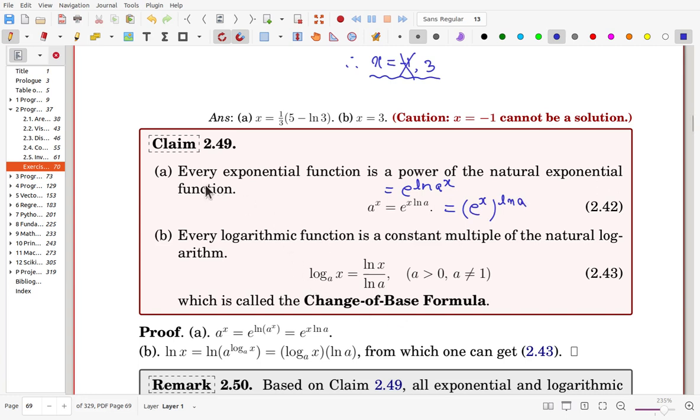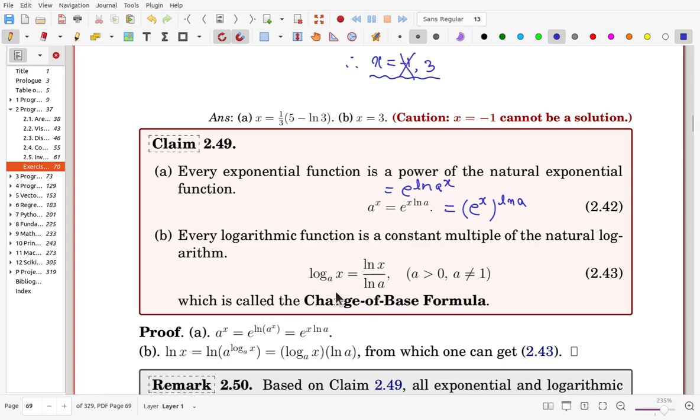So every exponential function like a to the x is a power of the natural exponential function. Every logarithmic function is a constant multiple of the natural logarithm.